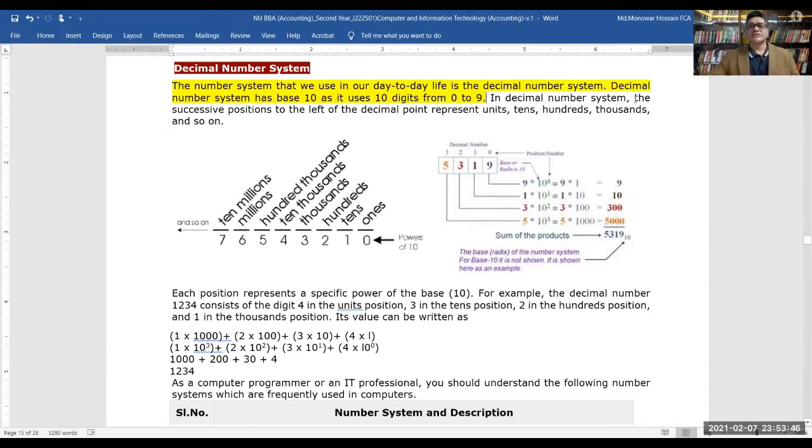Look here, in the system, successive positions to the left of the decimal point represent units, tens, hundreds, thousands, and so on. The power 0 is 1, power 1 means tens, power 2 is 100, then thousands, 10,000s, 100,000s, million, 10 million, and so on.